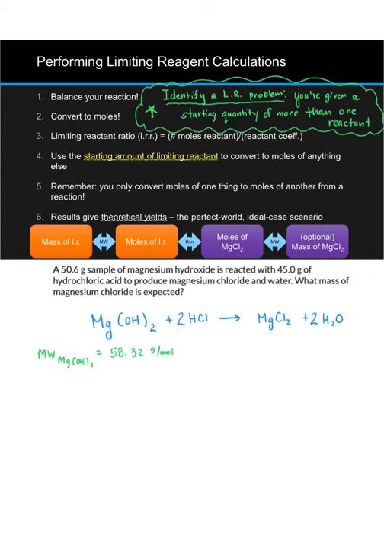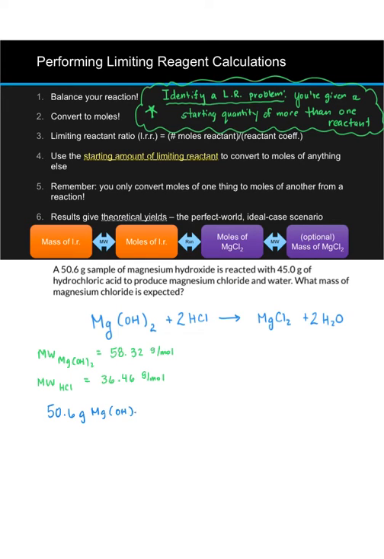The molar mass, or molecular weight, for hydrochloric acid is not affected at all by any coefficient that comes before it. There's just one hydrogen and one chlorine in the formula, 36.46 grams per mole.